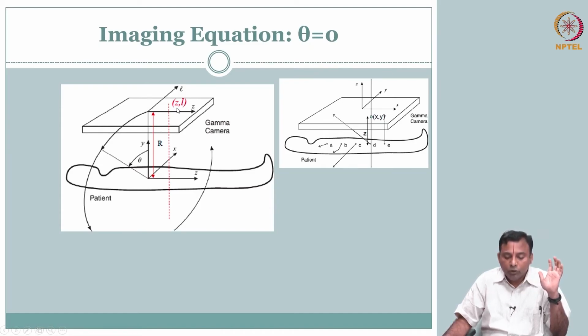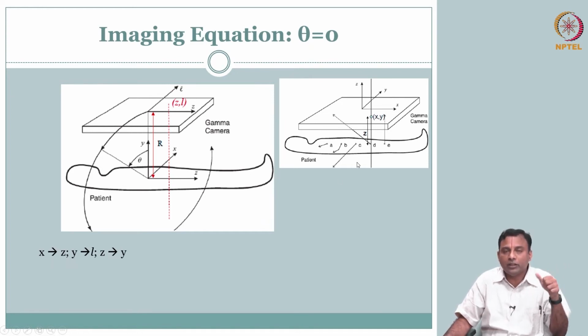From the imaging equation we had, we want to reconstruct in X comma Y. We look at this and say this Y is L, this X is your Z, and your Z is this direction, Y. So we make this substitution: X to Z, Y to L.